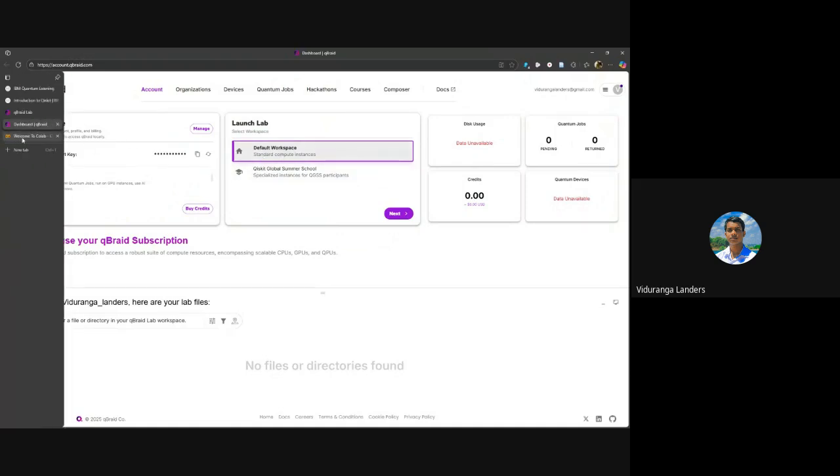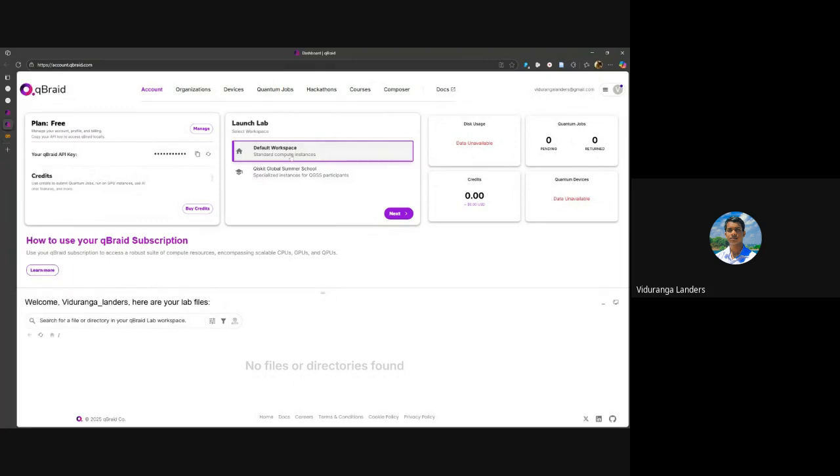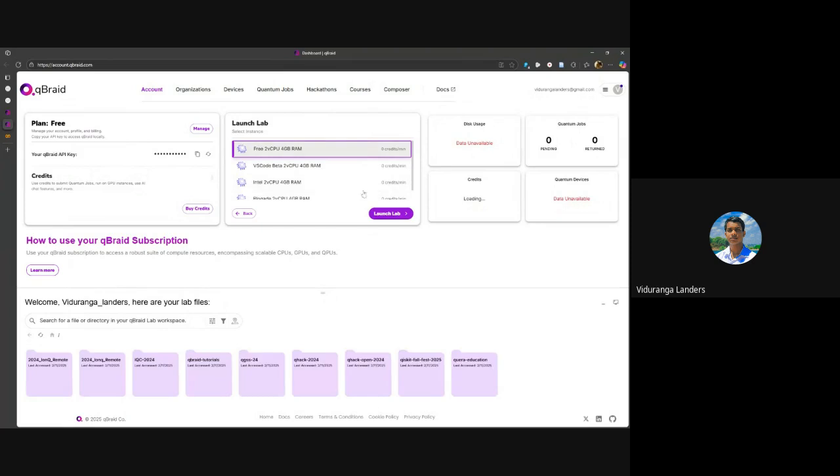If you go with Colab, some of the scikit libraries and ML libraries are pre-installed. But if you go with a local Jupyter notebook, you have to configure your Python environment with the necessary libraries. Similar to that, this platform has the quantum libraries pre-installed, and you can spin up a free virtual machine here if you have an account. It's free to create. You don't have to provide any payment details.